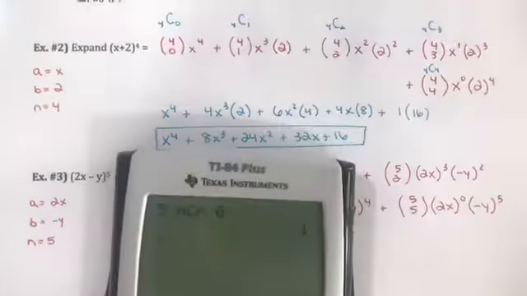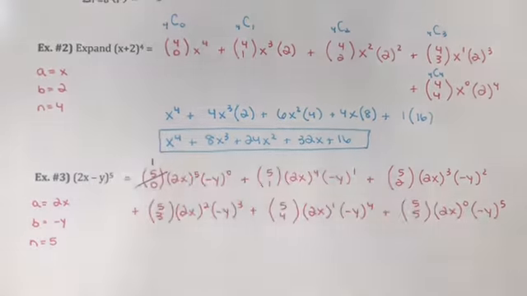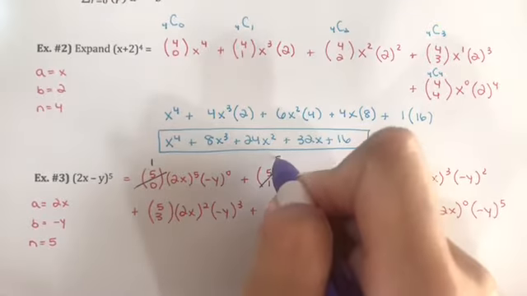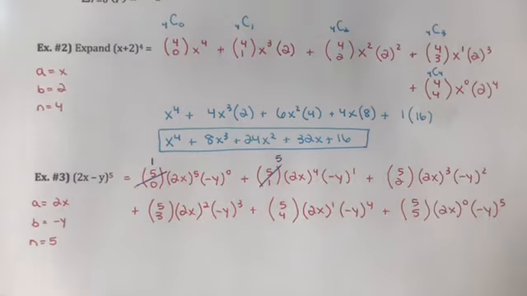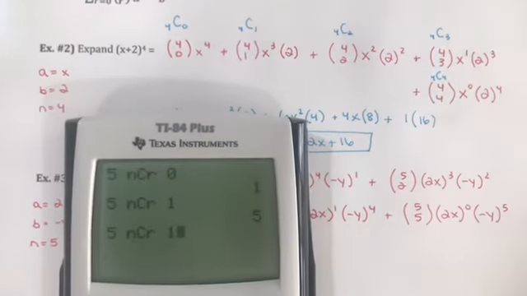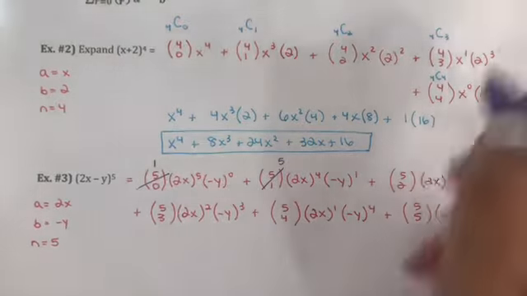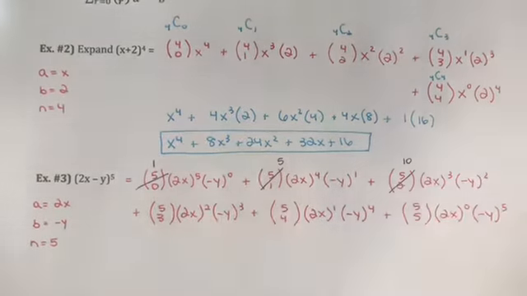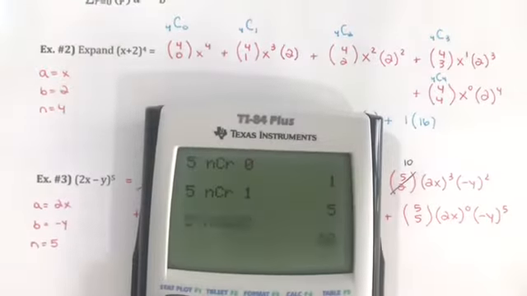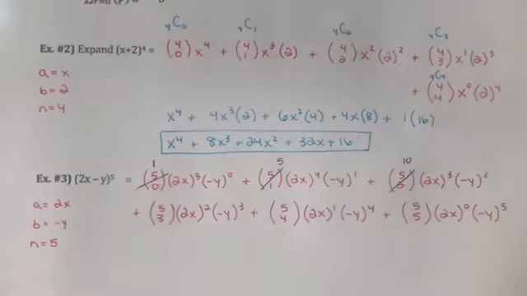Okay. Next one, 5C1 is 5. 5C2 is 10. 5C3 is also 10.